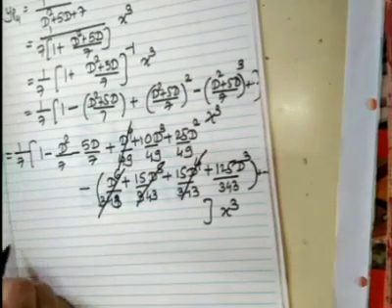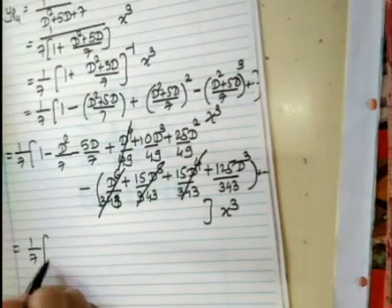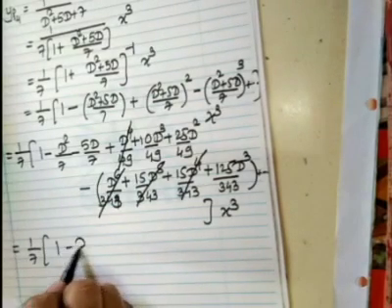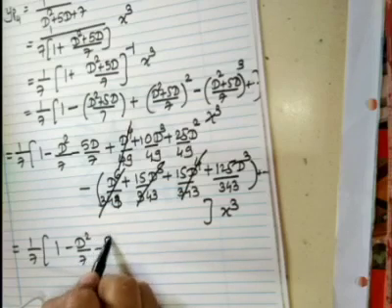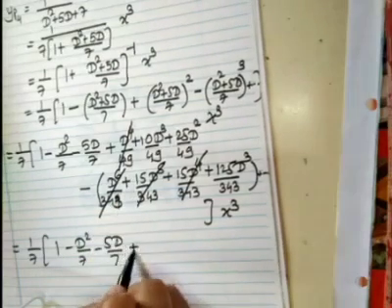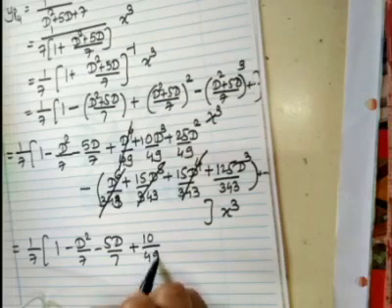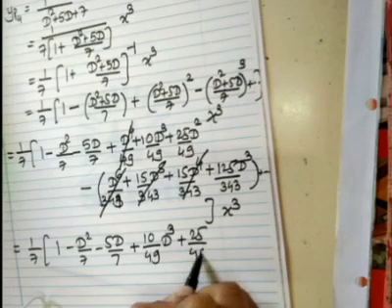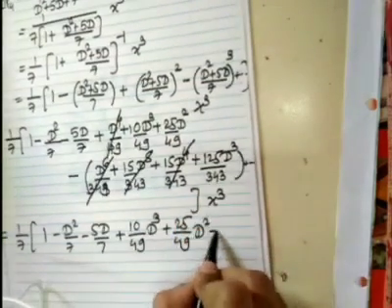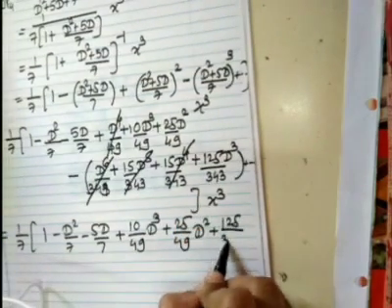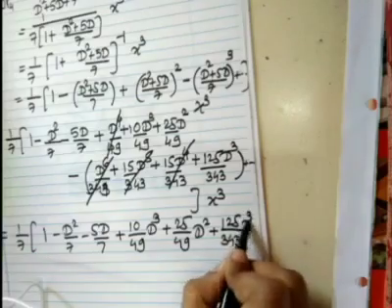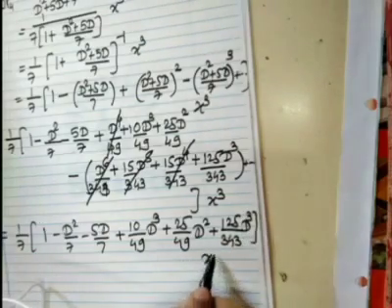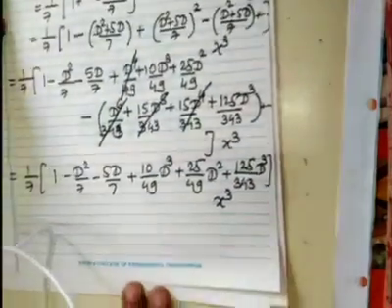So whatever remains we will write: that is 1 by 7, 1 minus d square by 7 minus 5d by 7 plus 10 by 49 d cube plus 25 by 49 d square plus 125 by 343 d cube. That much part will be there and it will be on x cube.